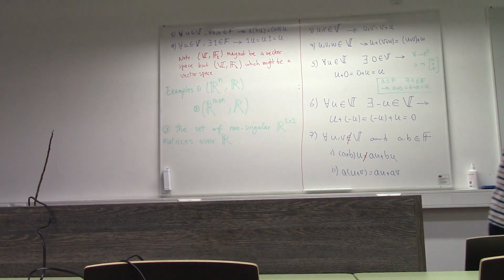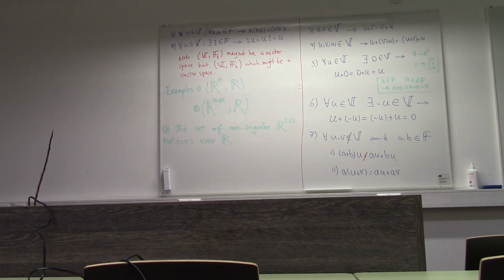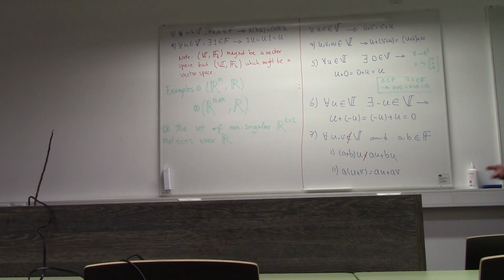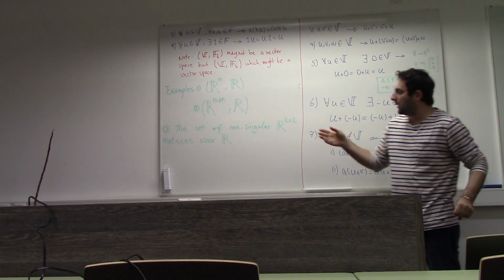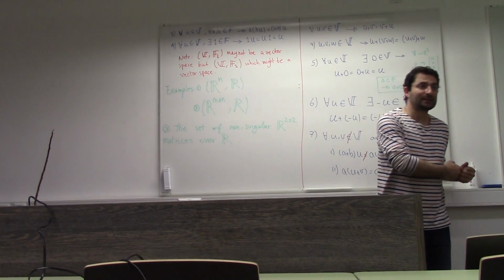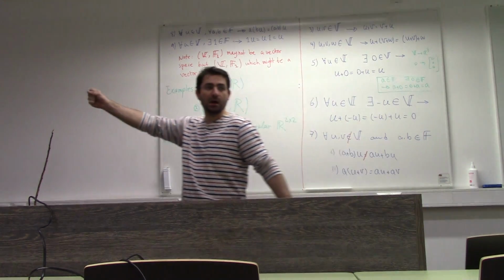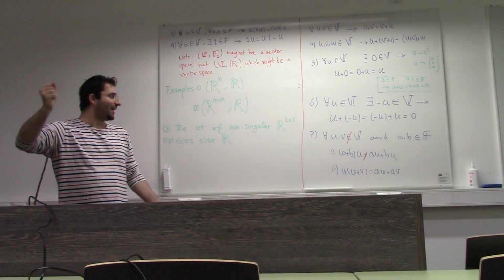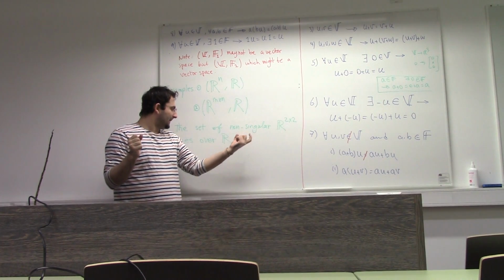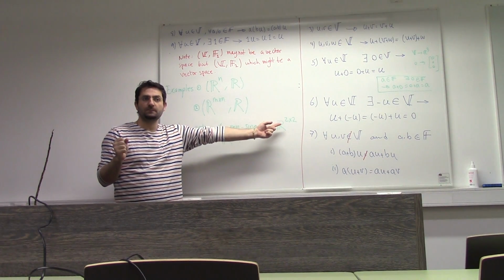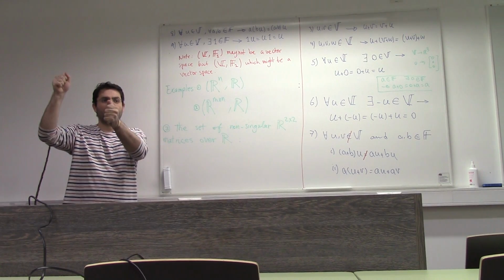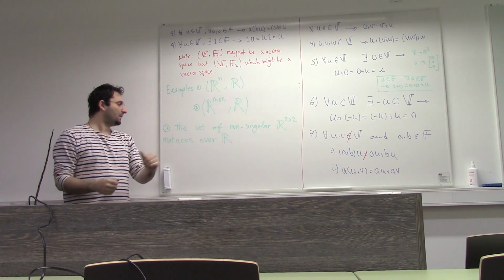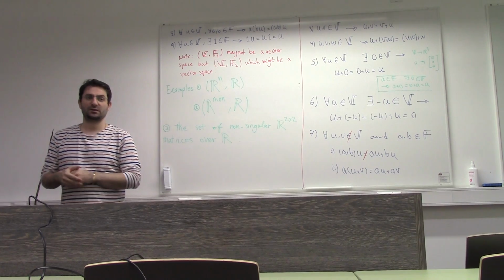What is a non-singular matrix? They have an inverse. The determinant is non-zero, which means the inverse exists. So, the question is that we have the set of all non-singular 2 by 2 matrices, and we are over R.